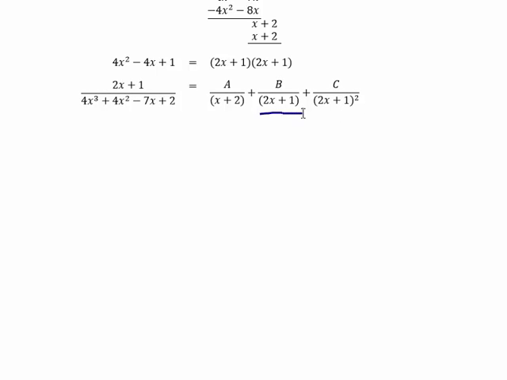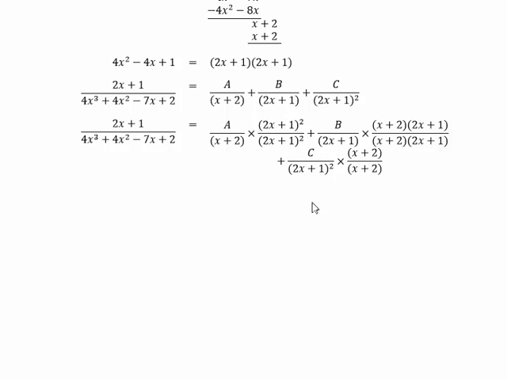We'll multiply the second term by x plus 2 over x plus 2 times 2x plus 1 over 2x plus 1. And we multiply the third term by x plus 2 over x plus 2, giving us this rather messy expression here. This denominator is the same as this denominator is the same as this denominator, and they're all the same as the left hand side, which means we can divide through by the denominator, giving us an equation in a, b and c.